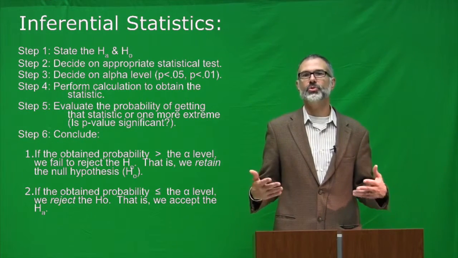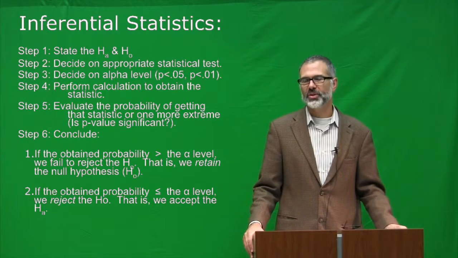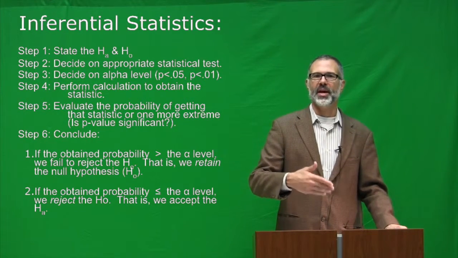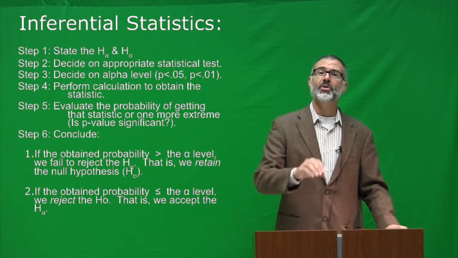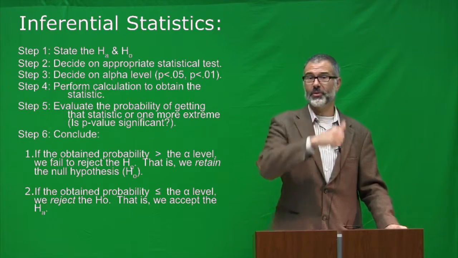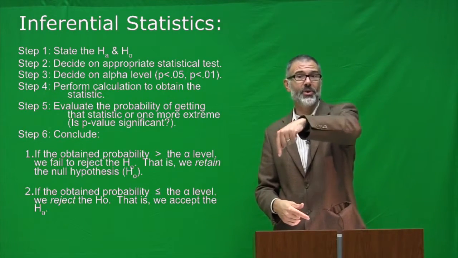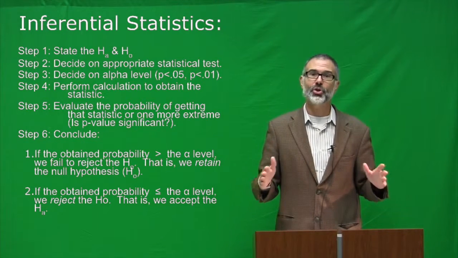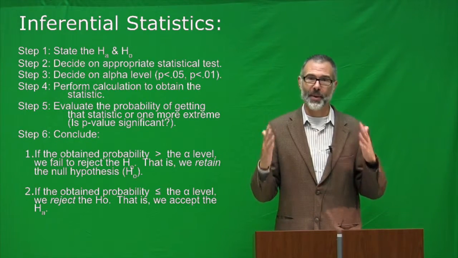So let's use cognitive behavioral therapy and depression as the example. Your hypothesis, if you're studying cognitive behavioral therapy and its effect on depression, is probably that with more cognitive behavioral therapy, depression goes down. So cognitive behavioral therapy reduces depression. That is your actual hypothesis.